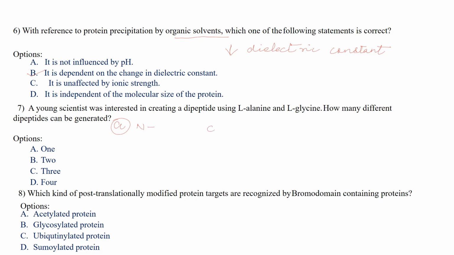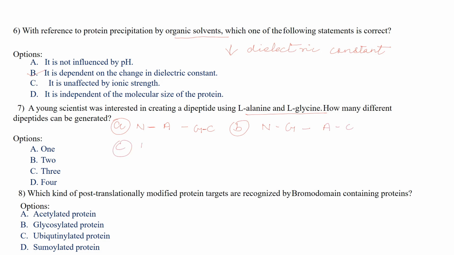So by using alanine and glycine, there could be different combinations. Either alanine can be on the amino terminus end and glycine on the C terminus end, that is the carboxyl end, and the next combination, glycine can be on the amino terminus end and alanine on the carboxyl terminus end.